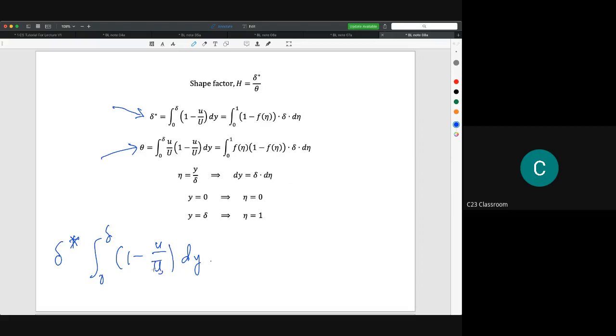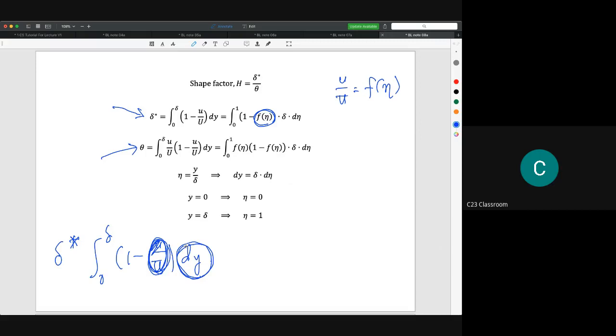Because you are changing u over U into eta, you need to replace u over U with a function of f(eta). Then you need to change dy to d eta. But you cannot just replace dy with d eta. You must make sure it still carries the same meaning, the same integration form.